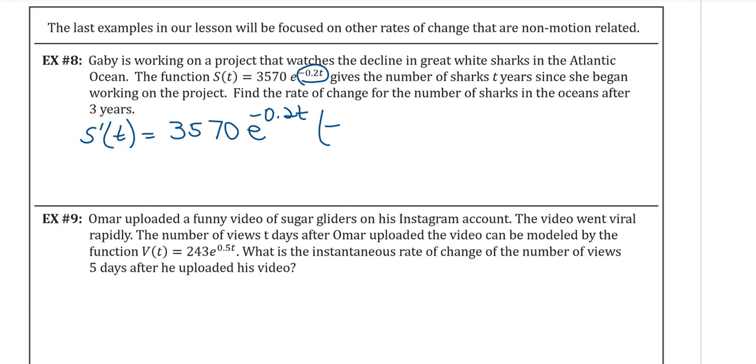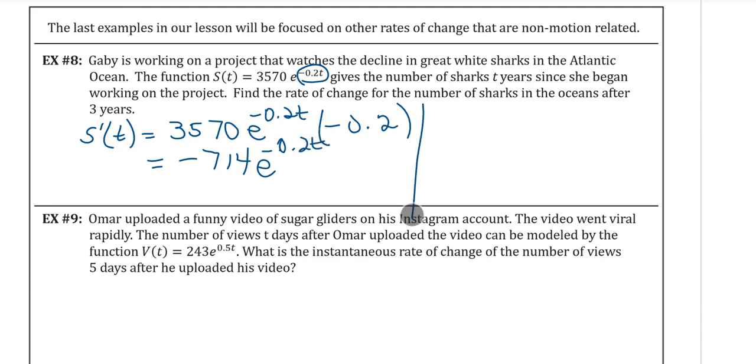So we're going to take the derivative of negative 0.2 t, and we get negative 0.2. And multiplying these two together, we're taking 2/10 of 3,570. We get negative 714 e to the negative 0.2 t.